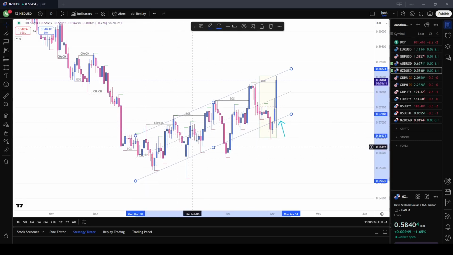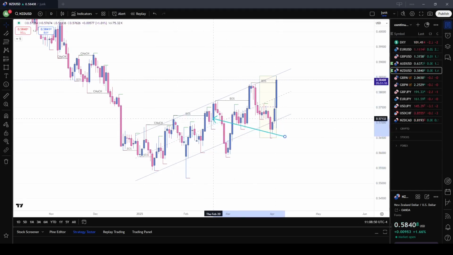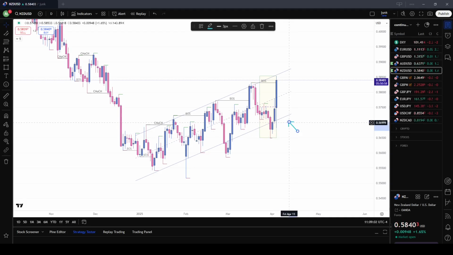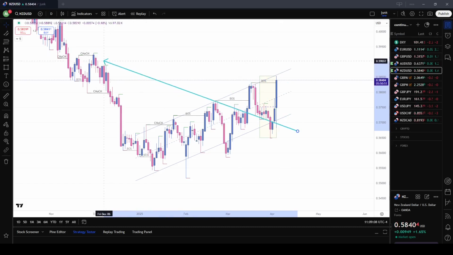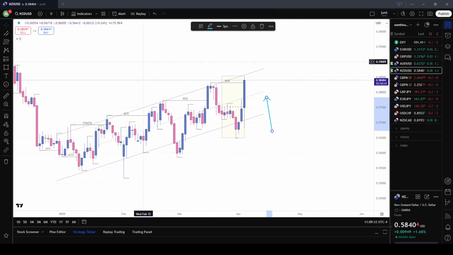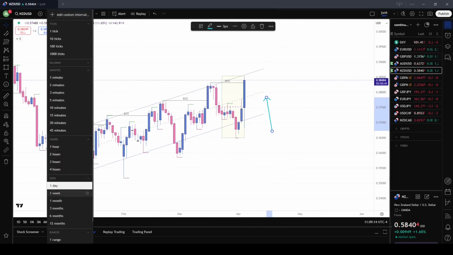Break, pull back, break, pull back, break, and then another break. So buyers are clearly reacting from the bottom of the channel. So we can see if this does target any type of higher prices, take out the liquidity sitting above these highs, look for any type of retracement back, and take any buying opportunities into higher prices.